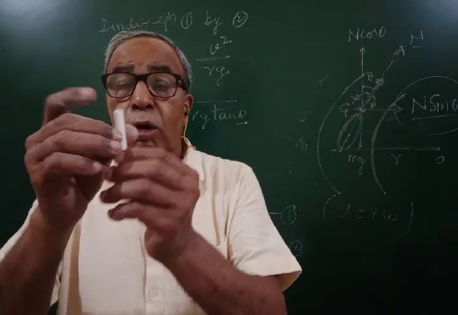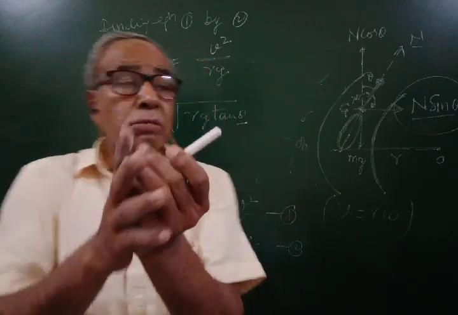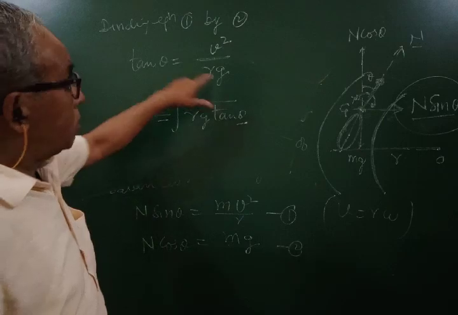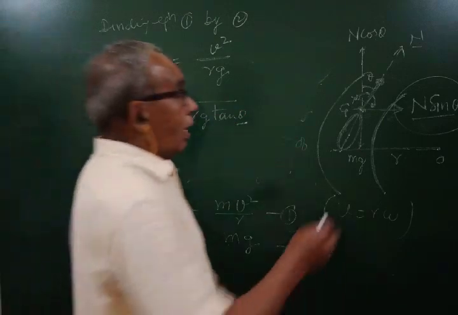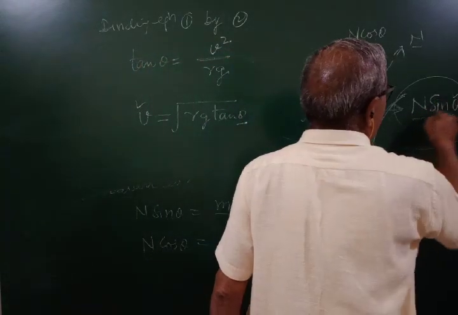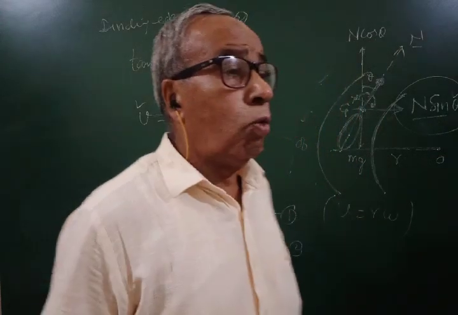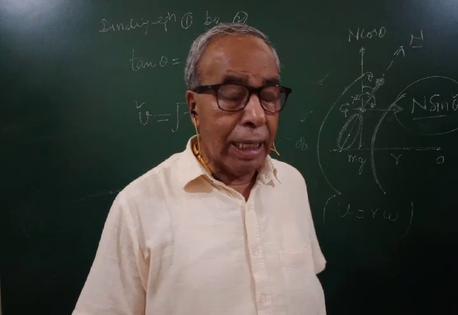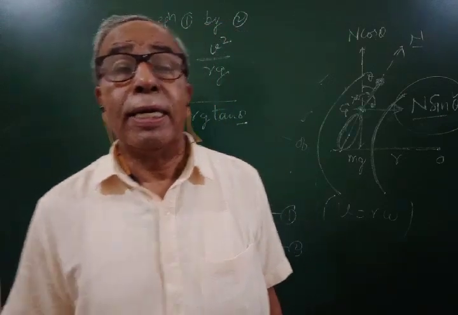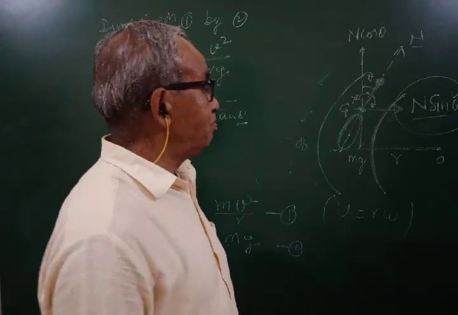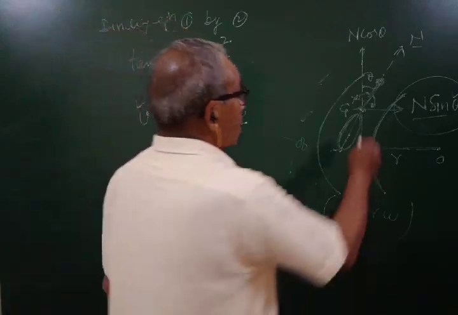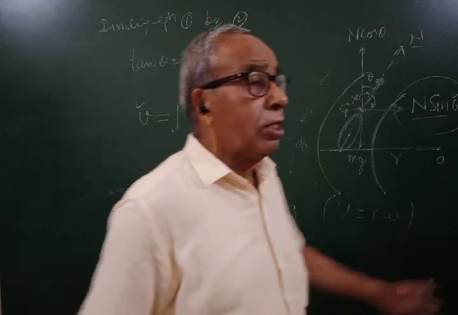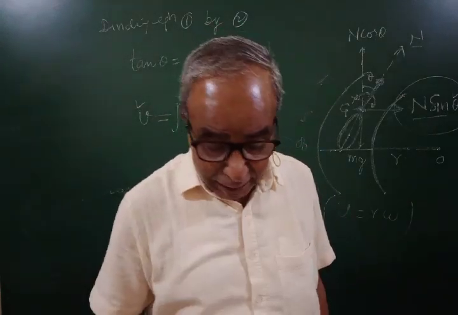Why do they do that? Because they want centripetal force. The larger the value of theta, the greater the component, because the value of sine theta increases as the angle goes from 0 to 90. At 90, sine 90 is 1. But theta always remains less than 90.